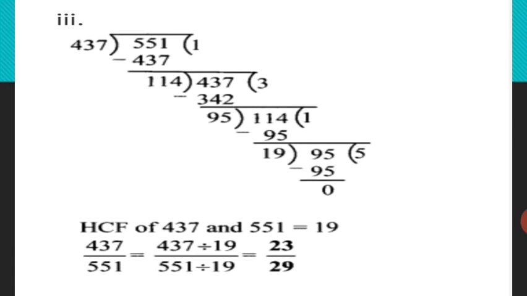So HCF of 437 and 551 is equal to 19. 437 upon 551 is equal to 437 divided by 19 upon 551 divided by 19. This is equal to 23 upon 29.